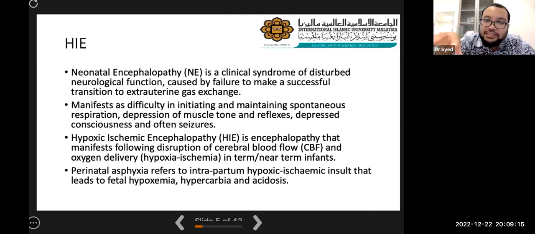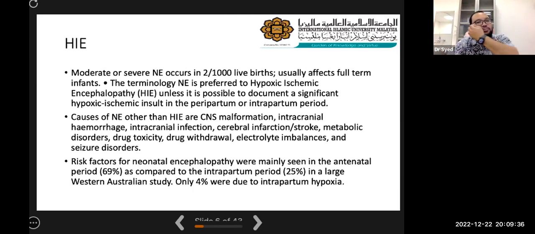Under hypoxic ischemic encephalopathy there is perinatal asphyxia. Perinatal asphyxia refers to an intrapartum hypoxic ischemic insult that may result in all the problems. Neonatal encephalopathy is broader, it covers many more things, not just hypoxic ischemic encephalopathy.